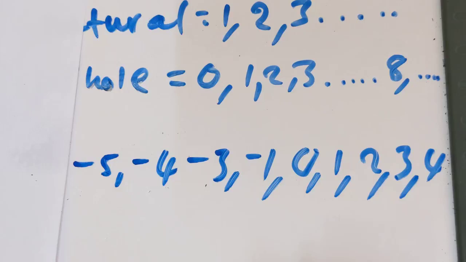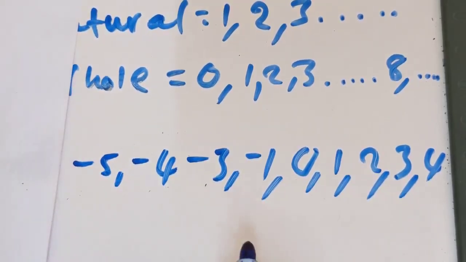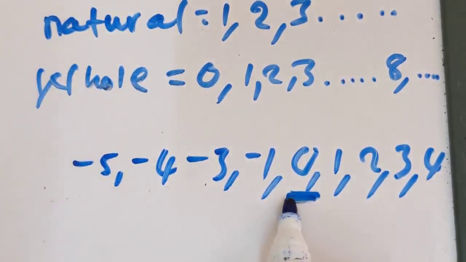They are negative and positive numbers, but they include 0. That is what we call integers, and you're supposed to know the definition.